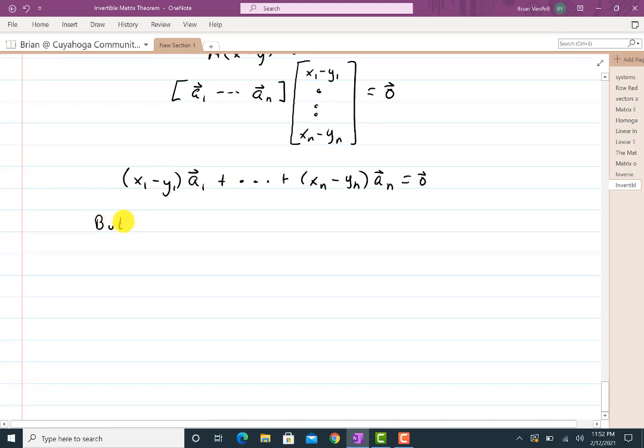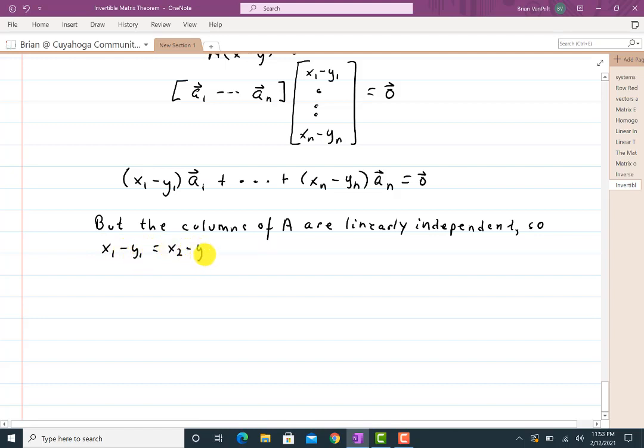But the columns of A are linearly independent. That's what we're assuming right now. So X1 minus Y1 equals X2 minus Y2 equals ... equals Xn minus Yn, which equals 0.